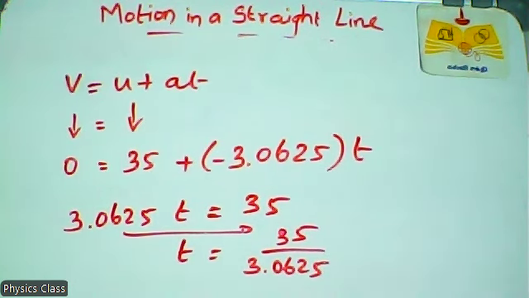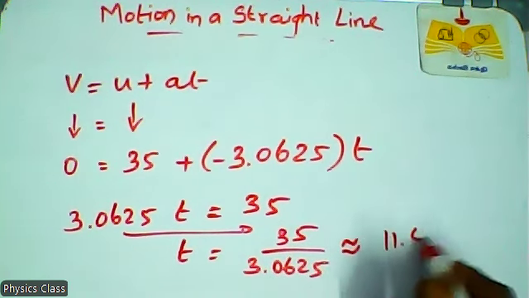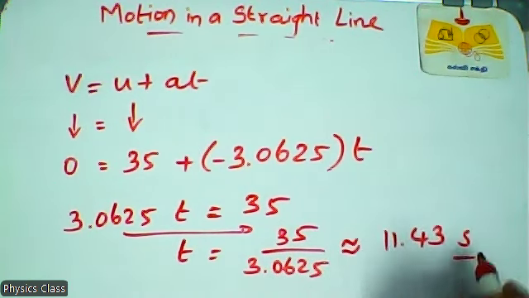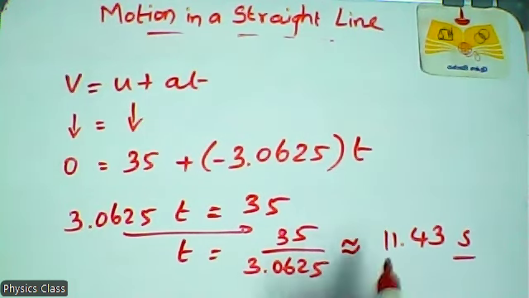You can divide 35 by 3.0625. The answer is approximately 11.43 second. So this is the time taken for the car to stop.